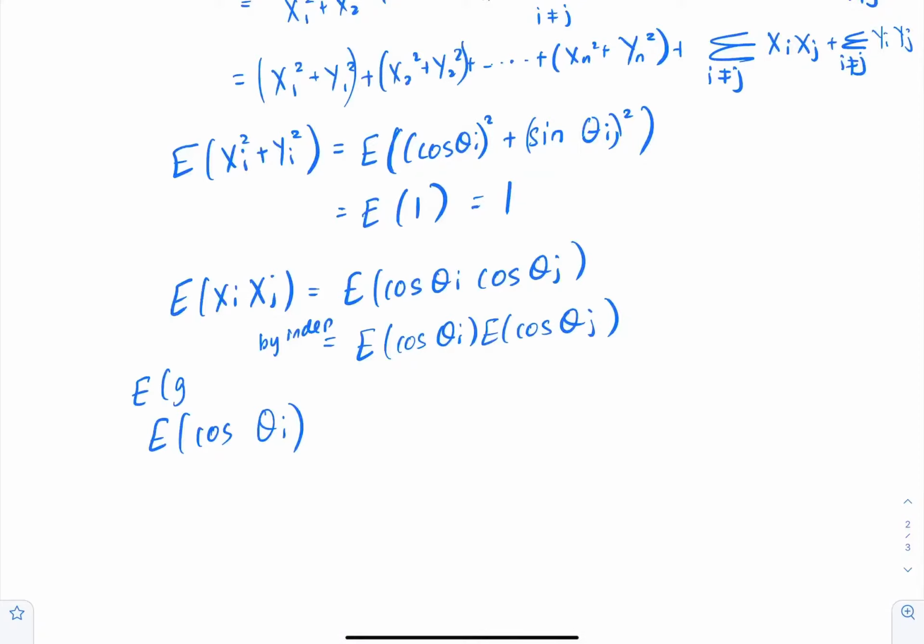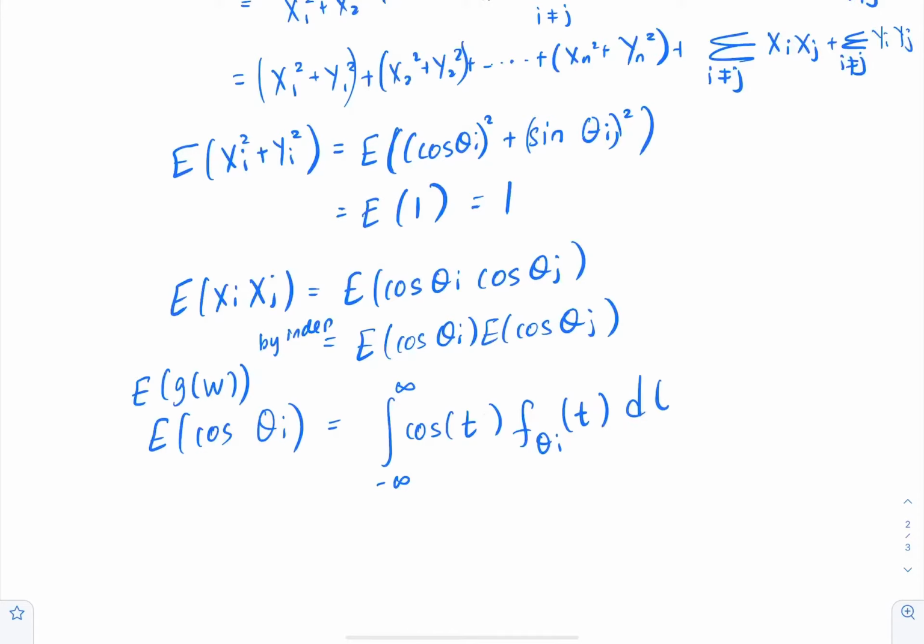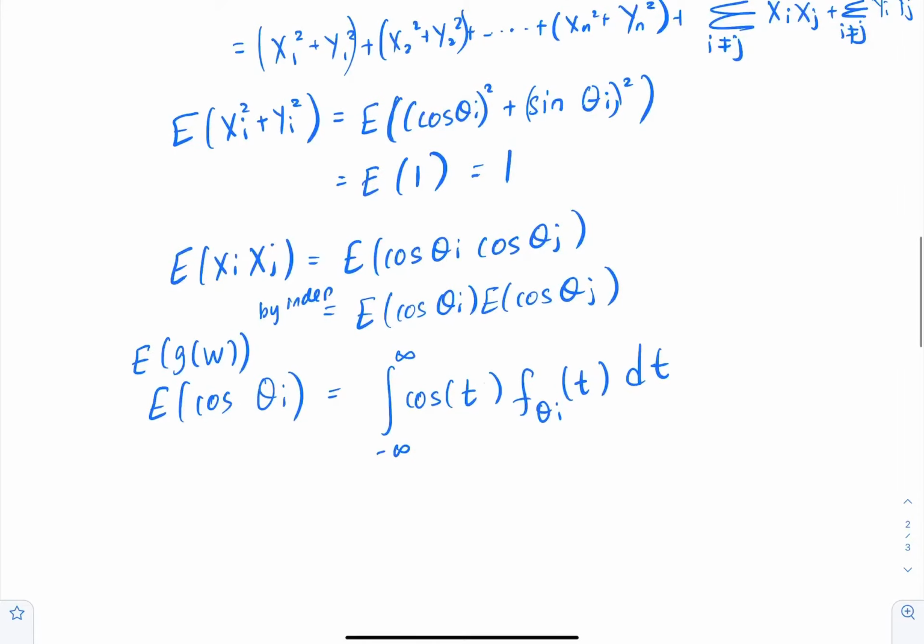If you have a random variable W, and you want the expected value of a function of W, you just integrate from minus infinity to infinity the function times the density. Let's just write a t for the variable we're using. Okay, that's the formula, right?